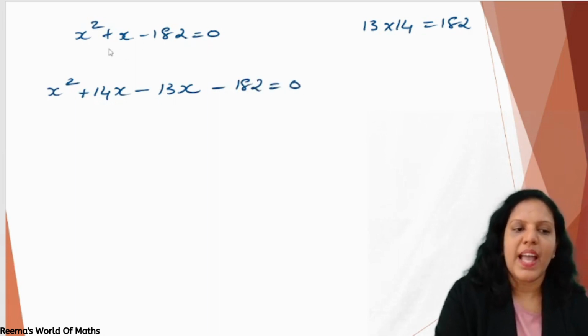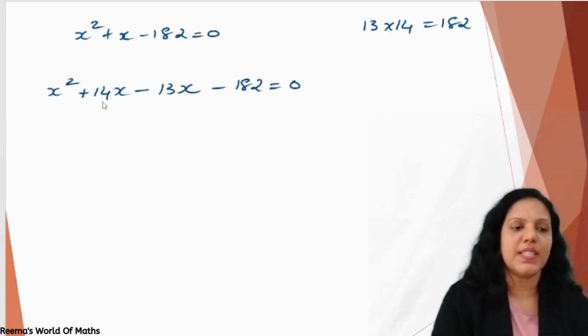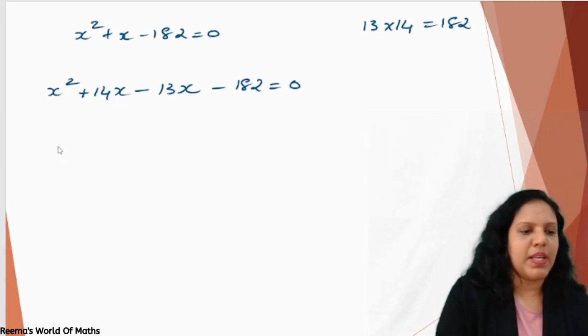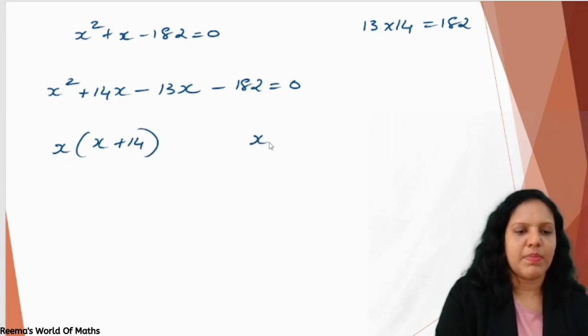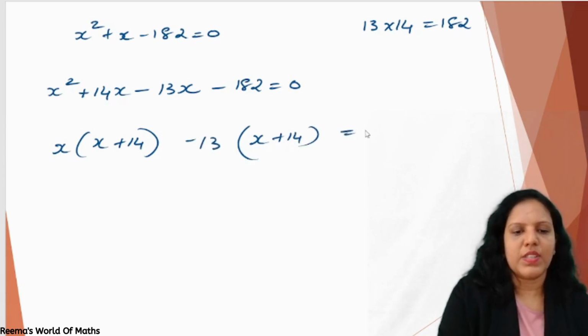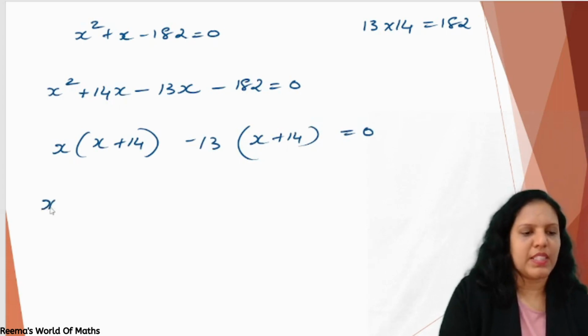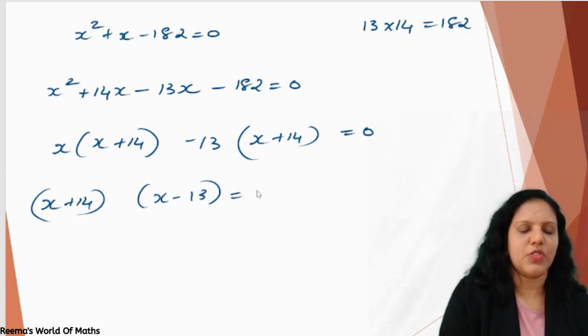So we split x as 14x minus 13x. So that will be x multiplied by x plus 14. Again we can take x plus 14 common here. So that will be minus 13. Correct? Equals 0. So that will be x plus 14 multiplied by x minus 13 equals 0.